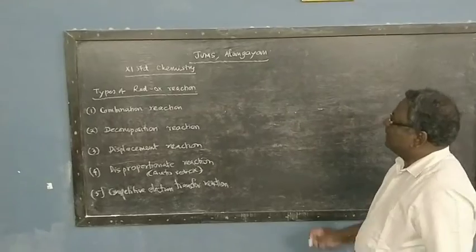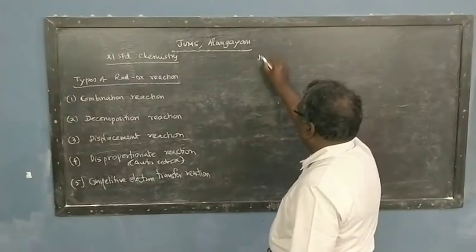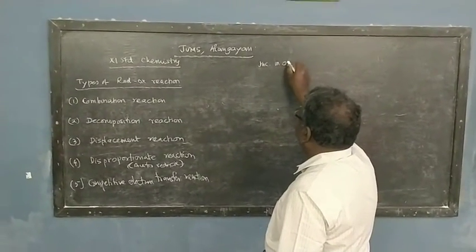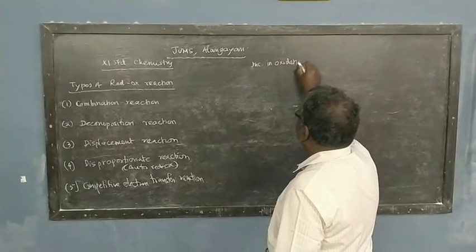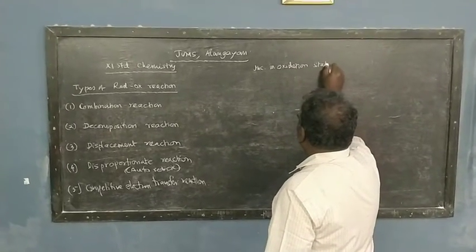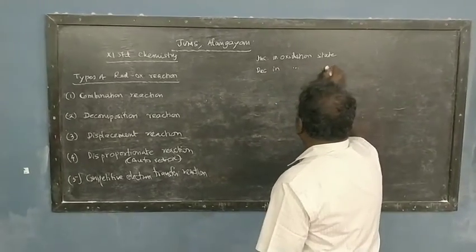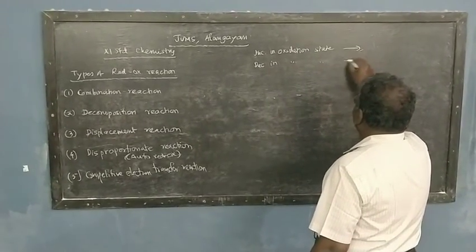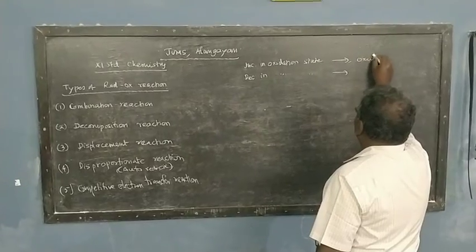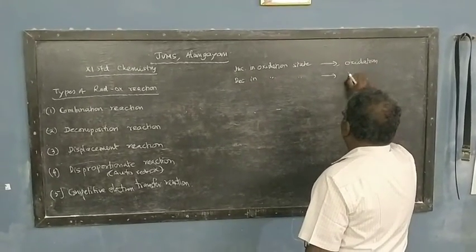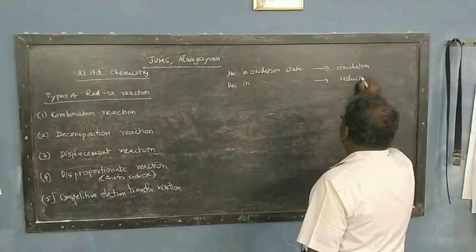The fourth statement is increase in oxidation state and decrease in oxidation state. So this is oxidation and this is reduction, right?